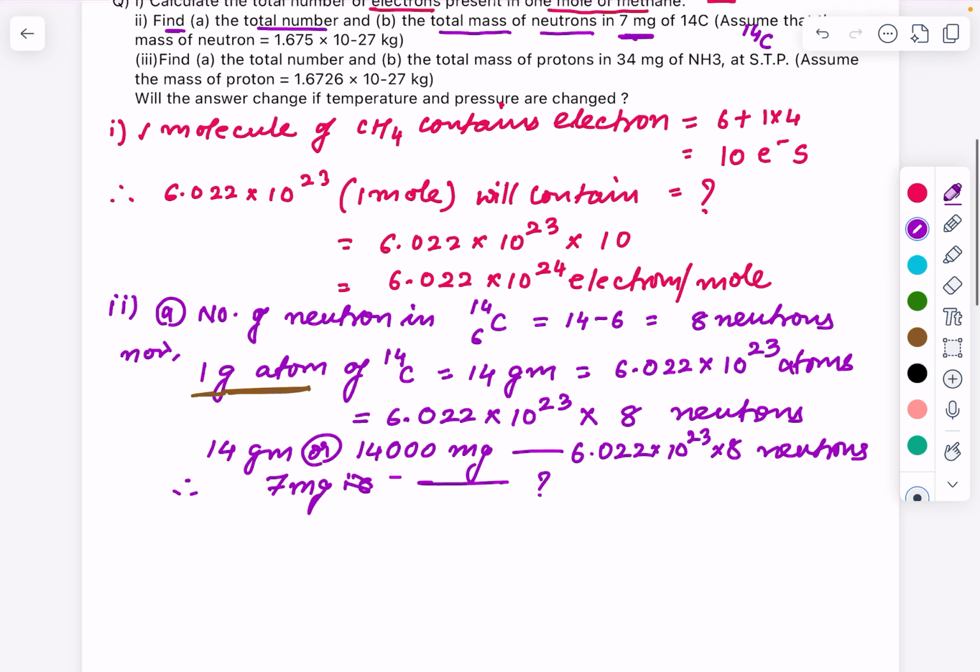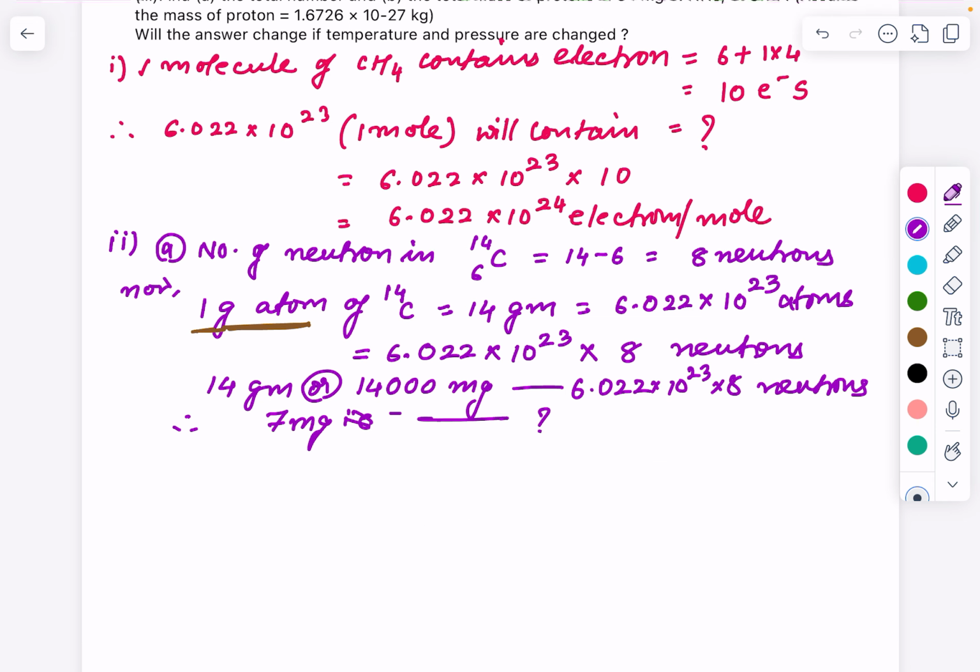Directly we can take. So you just have to multiply. Let me rub off this particular part, we don't need this. Fine. So let us just multiply 7 into 8 into 6.022 into 10 to the power of 23 divided by 14,000 as it is in milligrams.